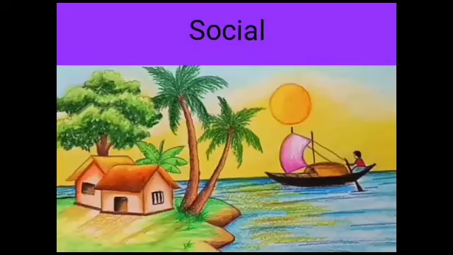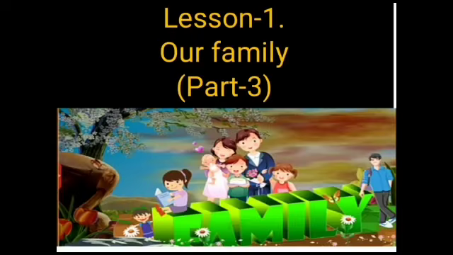Hello children, welcome to our social class. This is 3rd standard social lesson 1, our family. It is the part 3 of the lesson. In the second part, we came across unity of the family, distant relationships in the family and outsiders.